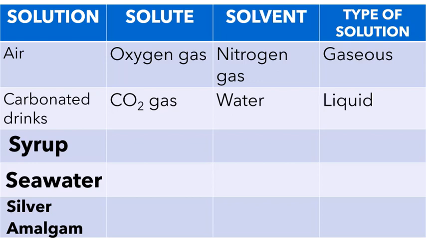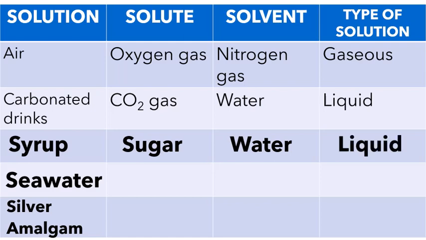So therefore, which is smaller in amount? It is the sugar. And for the solvent, it will be the water. So what will be the type of solution? Since the solvent is water, the state of matter of the solvent, which is water, is liquid. Therefore, the type of solution is liquid.